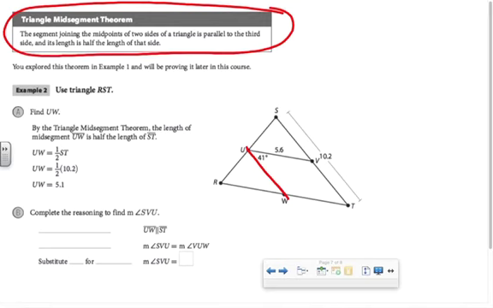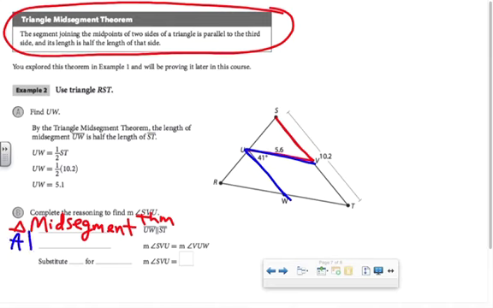In part B, they're asking us to complete the reasoning in order to find the measure of angle SVU. I know that UW is parallel to ST because of the triangle midsegment theorem. I know that the measure of angle SVU, that's this angle, will equal the measure of angle VUW, because they're alternate interior angles.